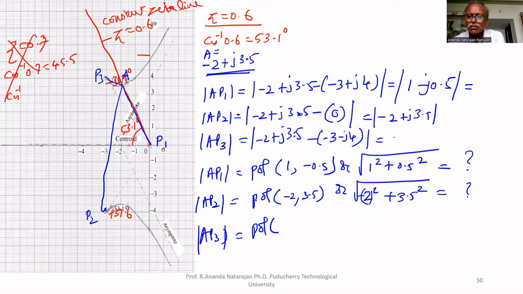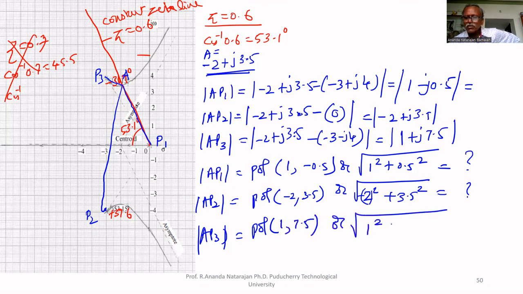That is equal to modulus of minus 2 plus 3, therefore 1, and 3.5 plus 4, therefore 7.5, so 1 plus j7.5. So we call the function polar, 1 comma 7.5, or you can find the square root of 1 square plus 7.5 square. So we got all the lengths.